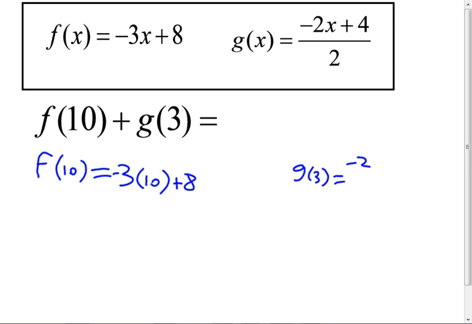This is why we did order of operations yesterday. Good. Now you just have to do it. What's that answer? What's the negative 3 times 10? That's correct. Negative 22. And the other one is going to be?